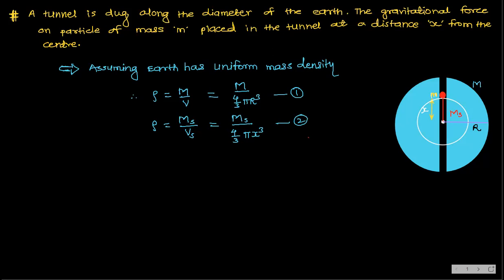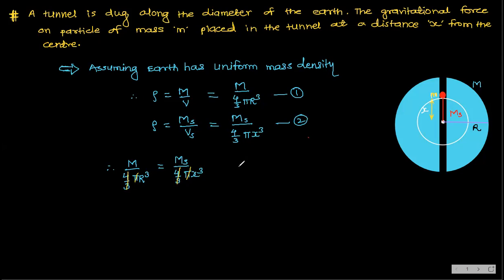Now, can I equate these two equations? So therefore, from equation 1 and 2, M by 4 by 3 pi R cube is equal to Ms divided by 4 by 3 pi x cube. Now what can I cancel? This 4 by 3, this 4 by 3, this pi and this pi will get cancelled. And what am I getting, tell me?